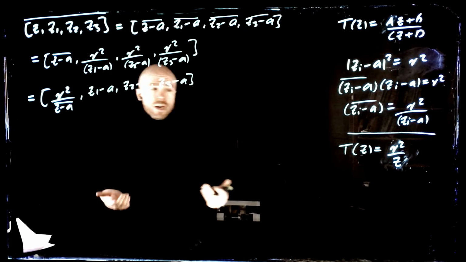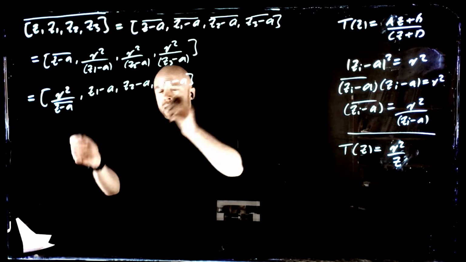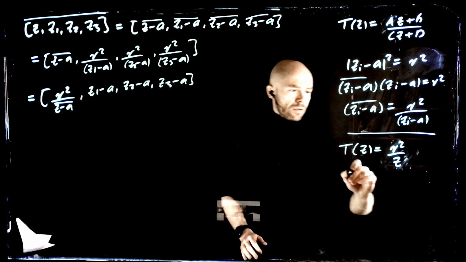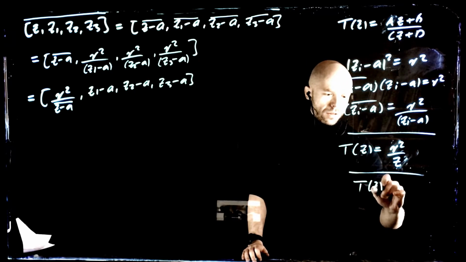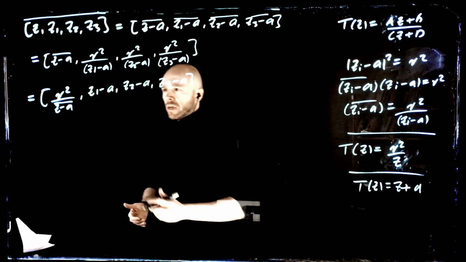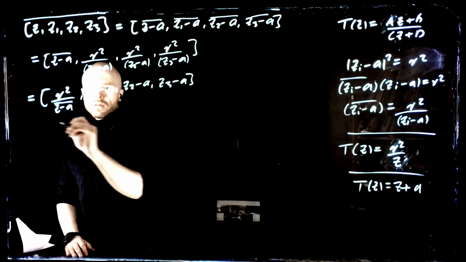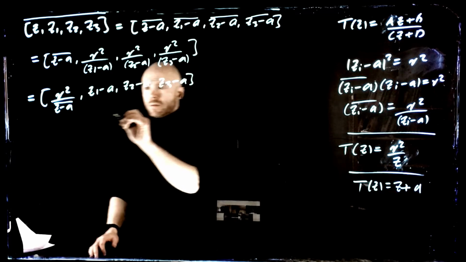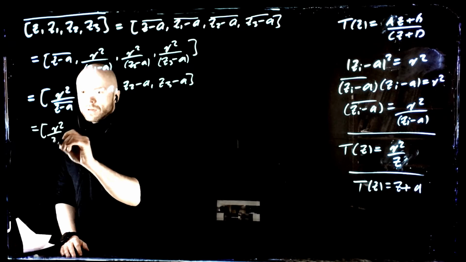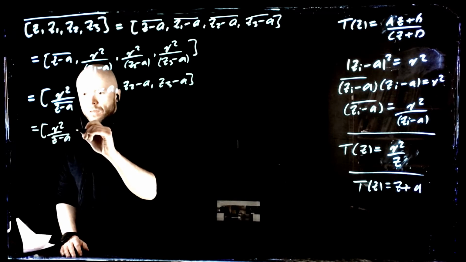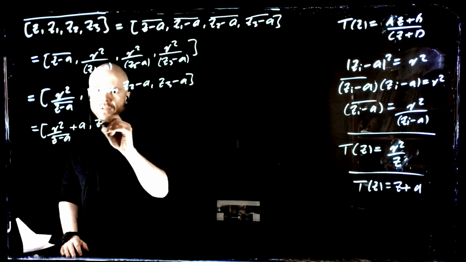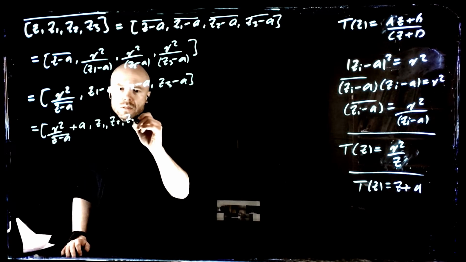Cool. And then finally we do the Mobius transform which is just adding a to everything, which is T of z equals z plus a. Again, it's a Mobius transform, we can apply it to everything, and then we get this: the complex conjugate plus a, and then here we have z1, z2, z3.